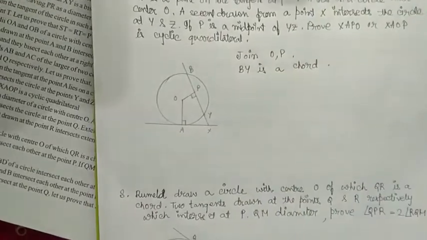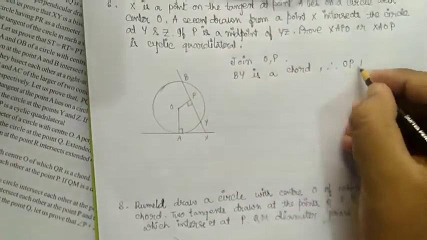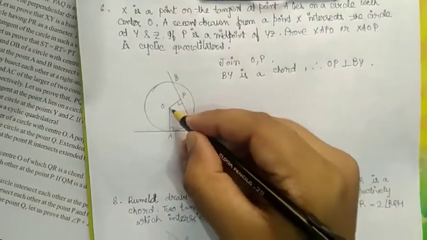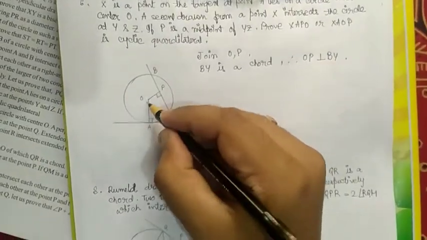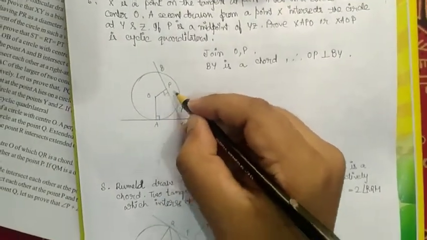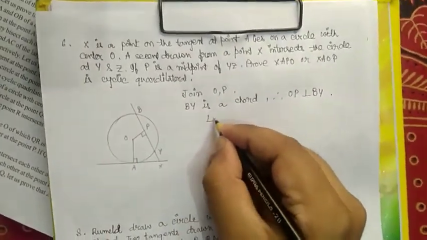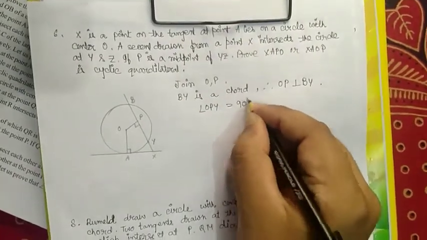If BY is a chord, therefore OP is perpendicular to BY. We know that if from the center we draw a straight line to the chord, it should be perpendicular and this angle should be 90 degrees. So we can say that angle OPY equals 90 degrees.